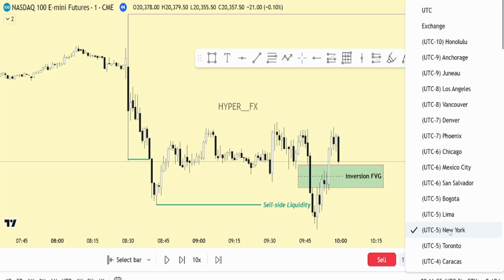If you want to align yourself with New York, the capital city of trading, set your TradingView time to UTC-5. I hope that was clear.